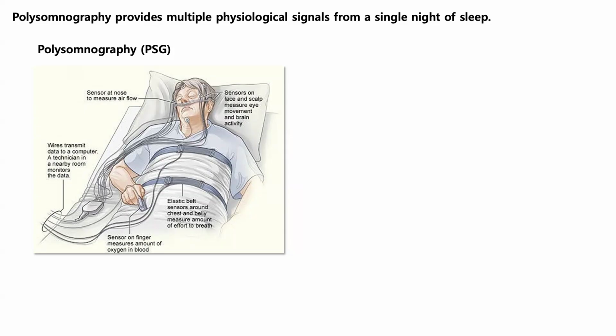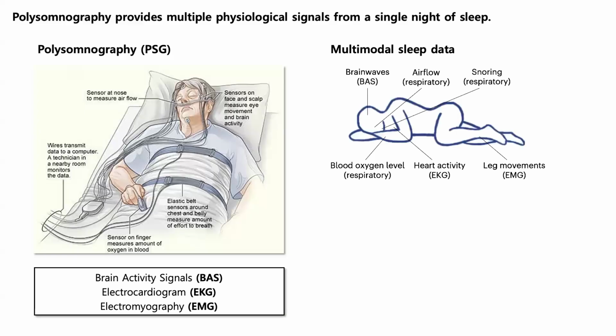For example, there is a sensor at the nose to measure airflow, and there are sensors on our face and scalp to measure eye movements and brain activity. There are elastic belt sensors around the chest and belly to measure the amount of effort of breathing. And there are sensors on the fingers to measure the amount of oxygen in the blood. Based on these sensors, we can extract the multimodal sleep data, something like this.